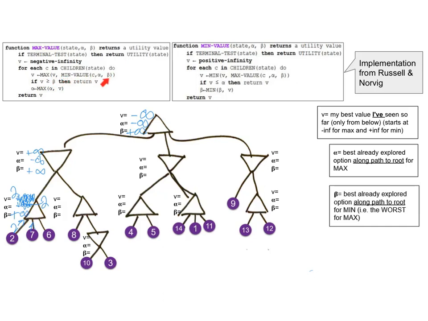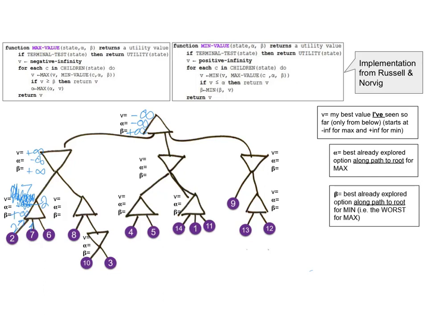We want to take the max of 7 and v. The max of 7 and 2 is 7, and we put that into v. So v is no longer 2. Now v is 7. I'm sorry it's so messy, but there you go.